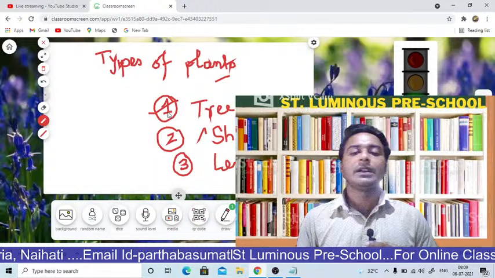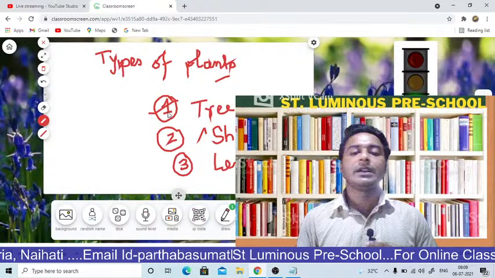Below the tree are the shrubs, shrubby plants, whose height is below the tree.